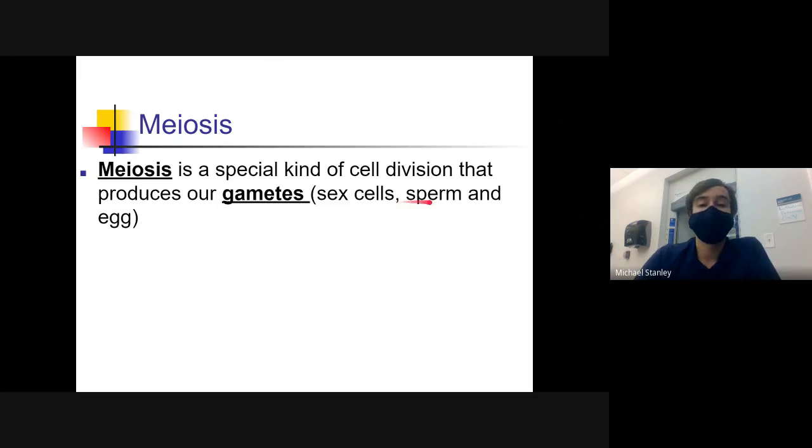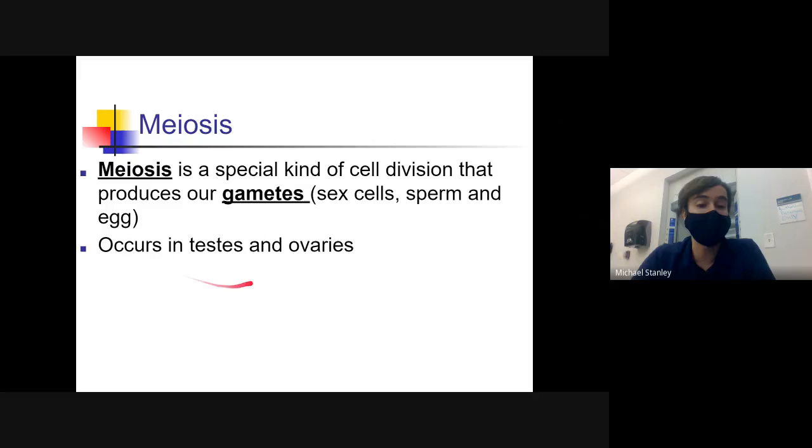Only your sex cells, your gametes, are here because of meiosis. So as you might expect, meiosis occurs in the places where you'd find these sex cells. So in males, it occurs in the testes, and in females, it occurs in the ovaries.